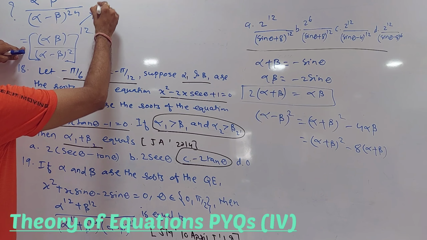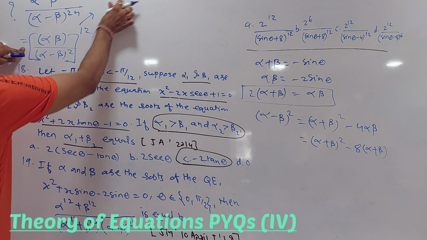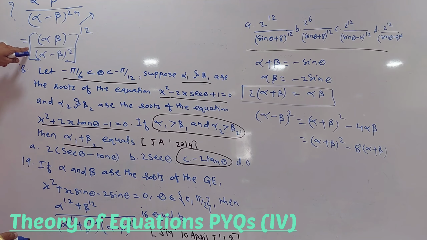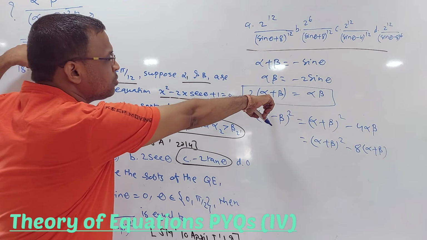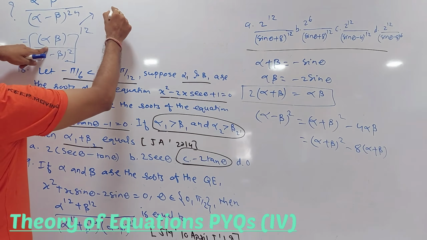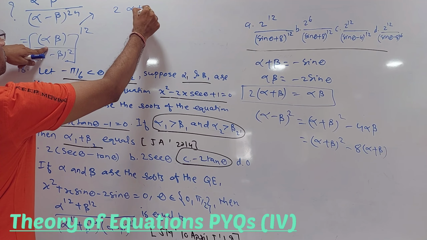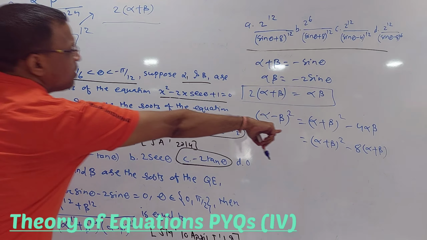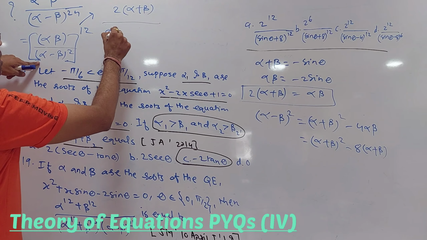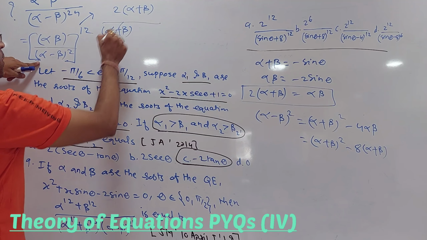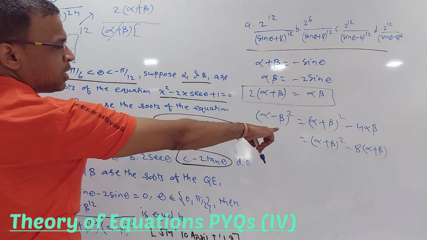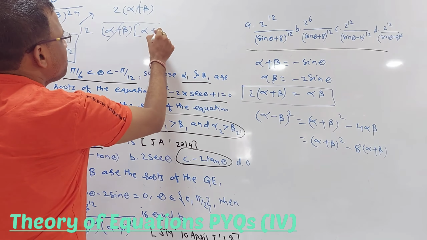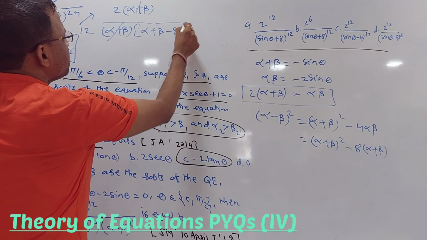Alpha beta is 2 times alpha plus beta. So my answer will be 2 times (alpha plus beta) divided by (alpha minus beta) whole square. I can take alpha plus beta common, and alpha plus beta minus 8 is left.